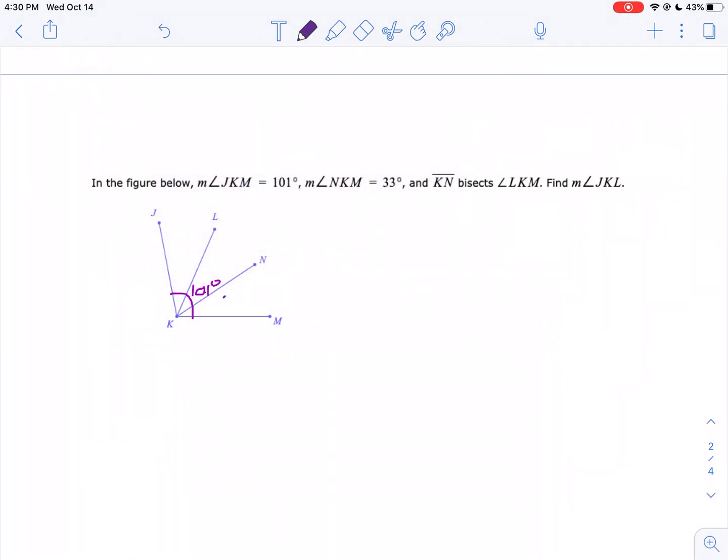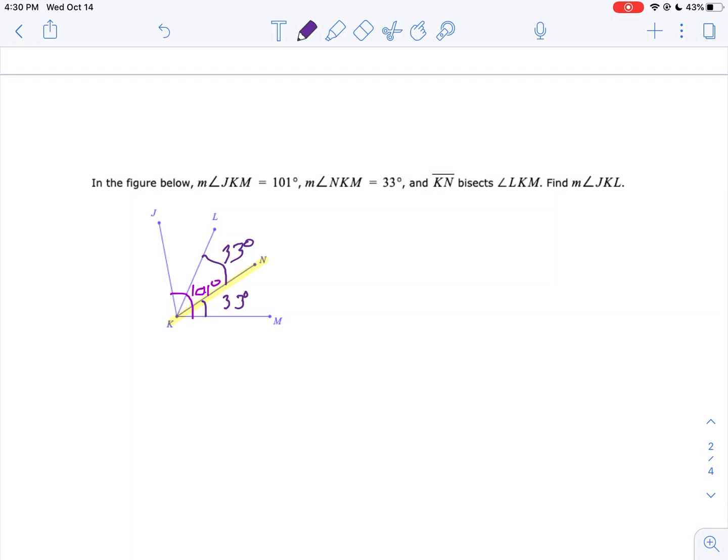So I'll put 33 degrees here for NKM. We're told KN bisects angle LKM. Well, bisect means it goes right through the middle. So if NKM is 33 degrees, we know LKM is 33 degrees. And then we're supposed to find the measure of angle JKL.